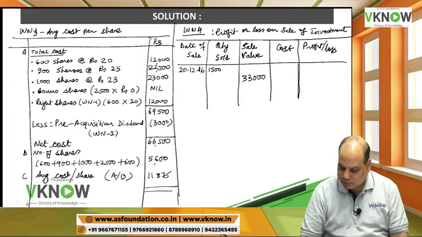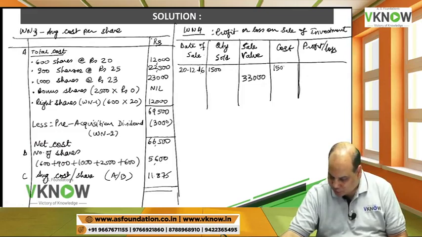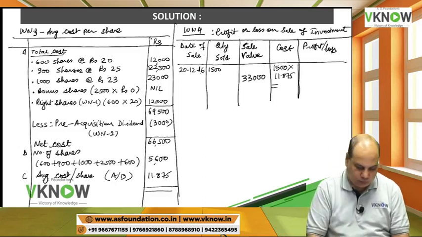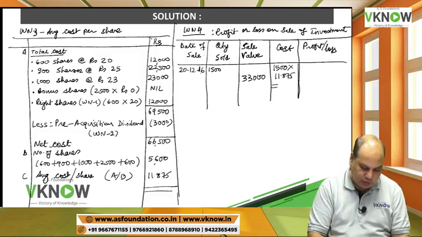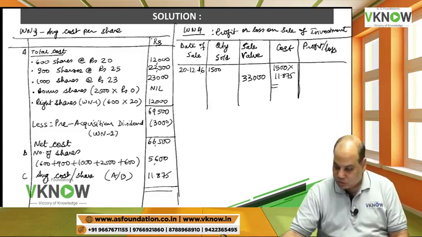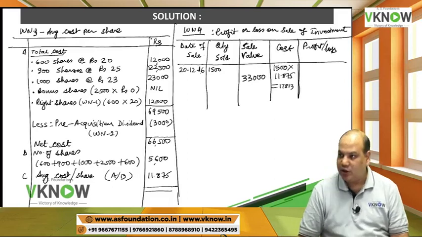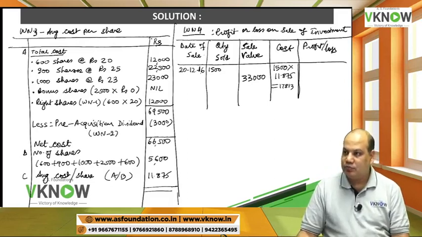Cost will be 1500 into average cost, 11.875. 1500 into 11.875 is 17,813. We can round off 813.